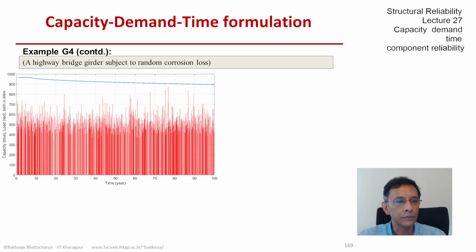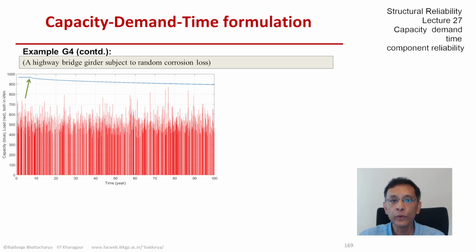And now what's interesting that comes out of our model is you see that until about 7 years or so, the strength is flat, so there is no deterioration, and that's when the random initiation time hits, and from that point onward the capacity starts degrading. And as soon as one of the red vertical lines would exceed that blue line, we would have failure.